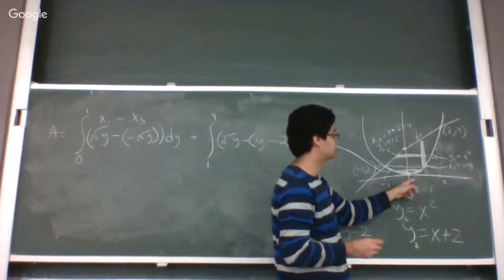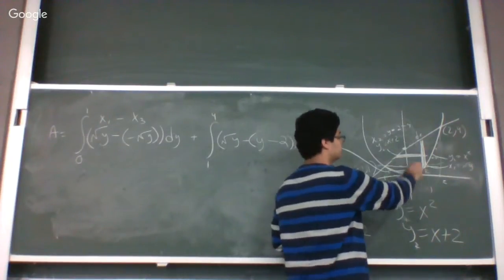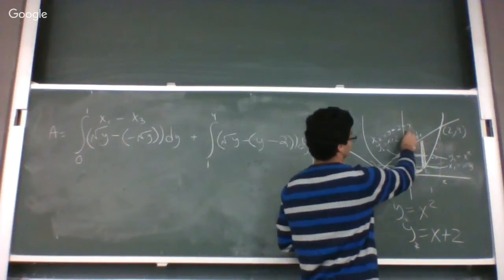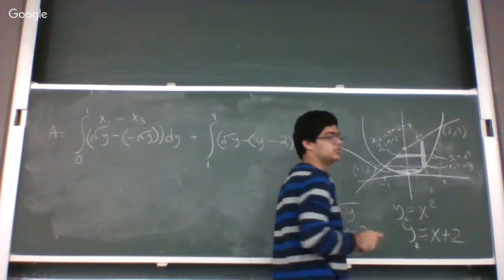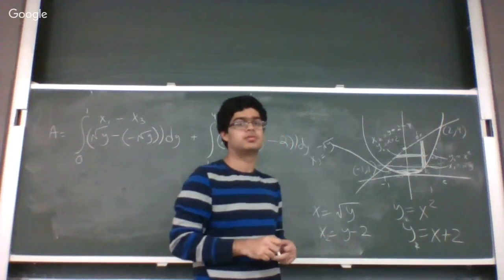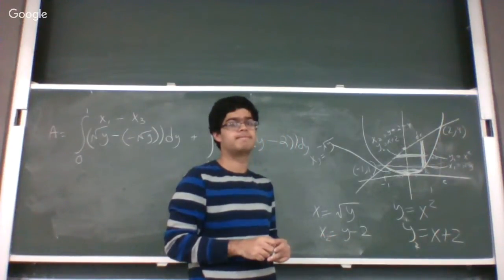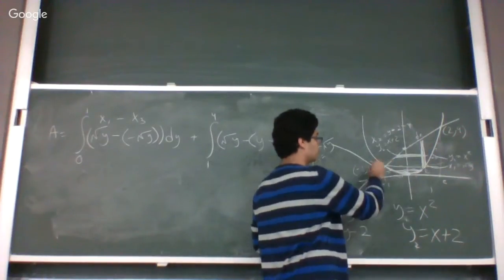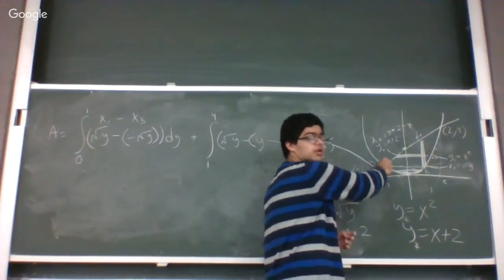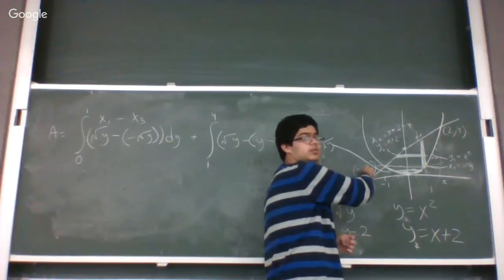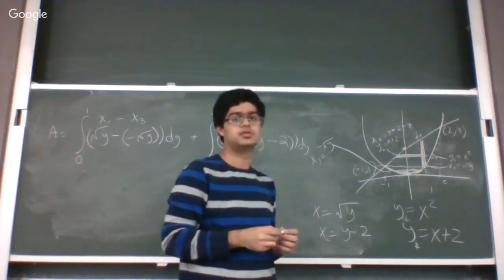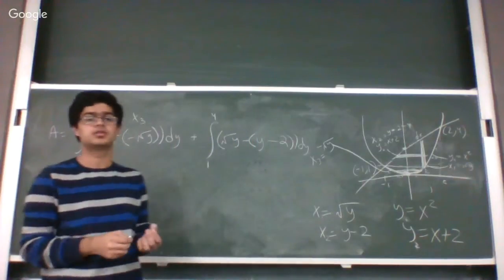Oh yeah, because the function goes, the entire area that we want goes from 0 to 4. Well, you have to include everything. From 0 to 1, because that's the y value we found at that intersection. And then from 1 to 4, because that's the y value we found. You have to look at everything.